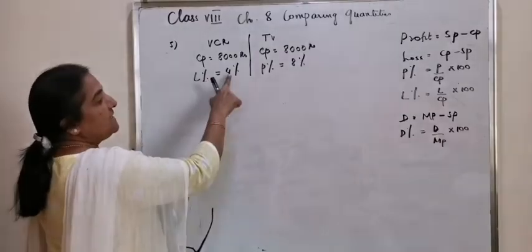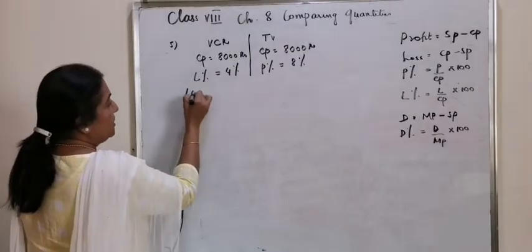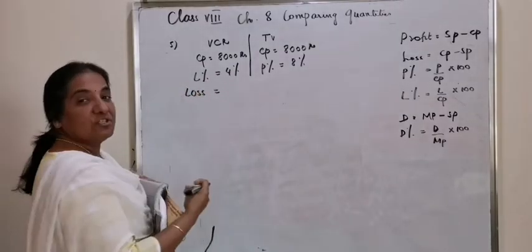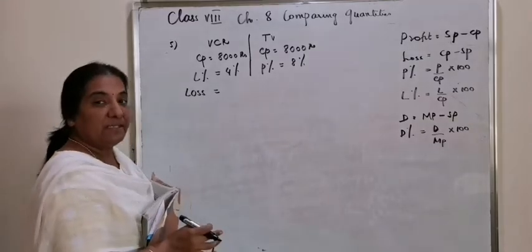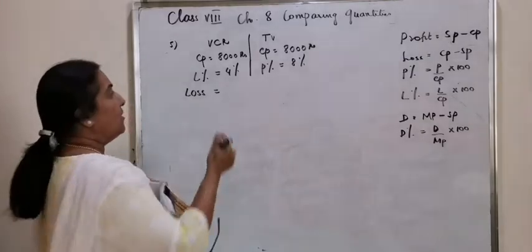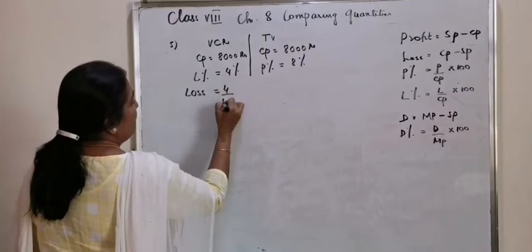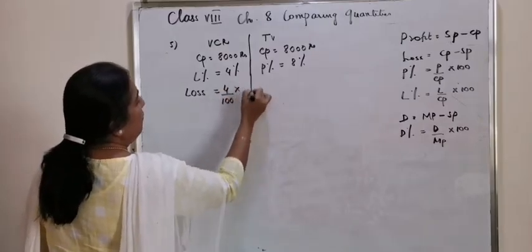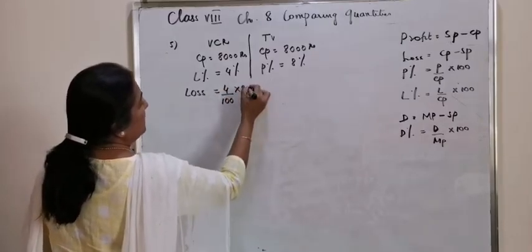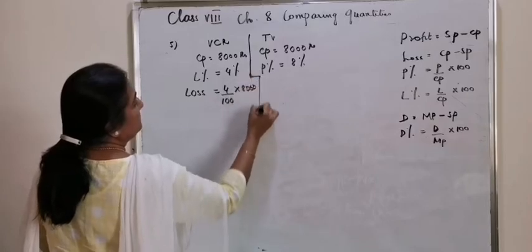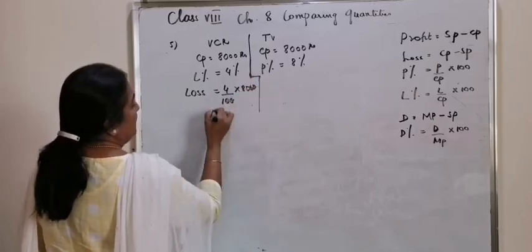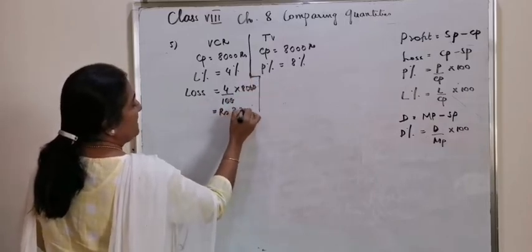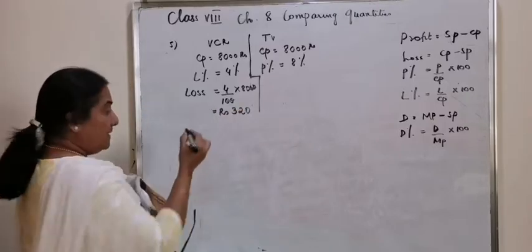The loss percent is 4%. That means the amount which is lost in this transaction is 4 by 100 of 8,000, which is the same as rupees 320.